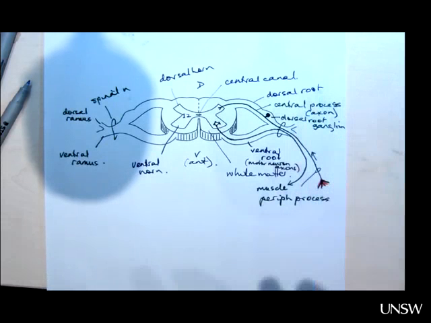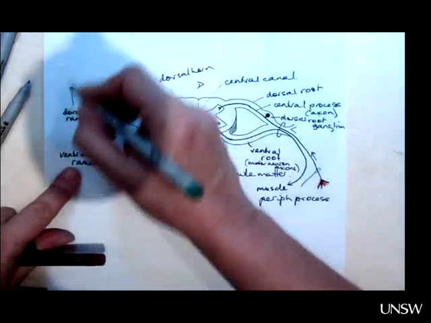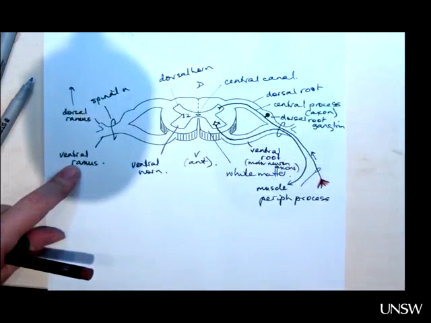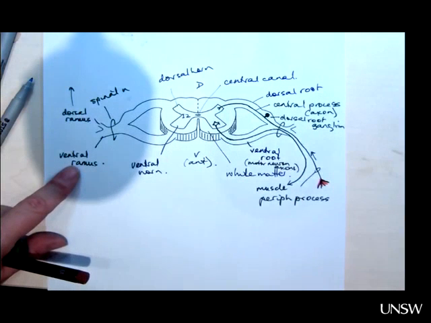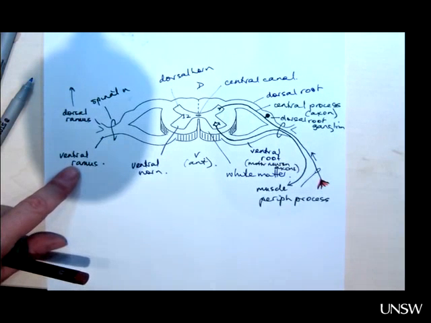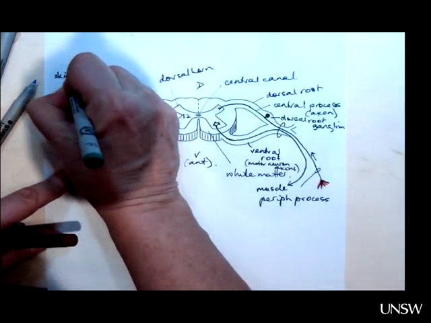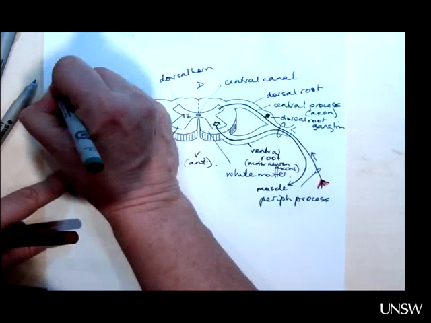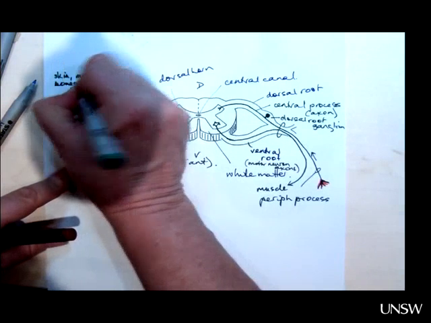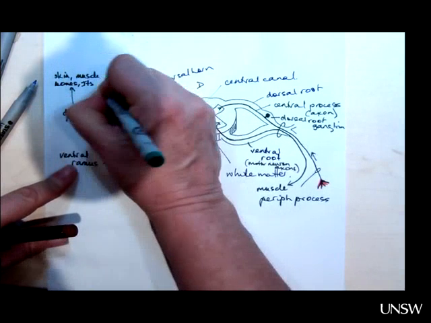The difference is the area that they supply, and the dorsal rami are quite small, and they supply sensory and motor fibres to the skin and muscles and vertebral bones, etc. of the back. Okay? So it's skin, muscle, bones and joints of the back region.